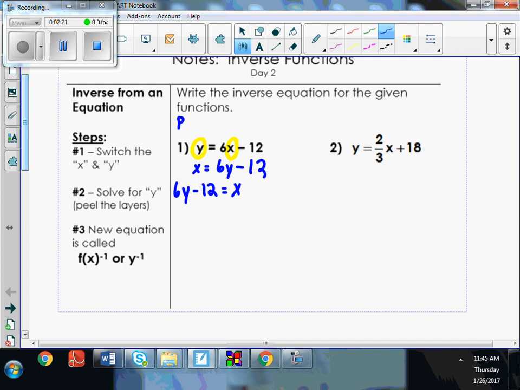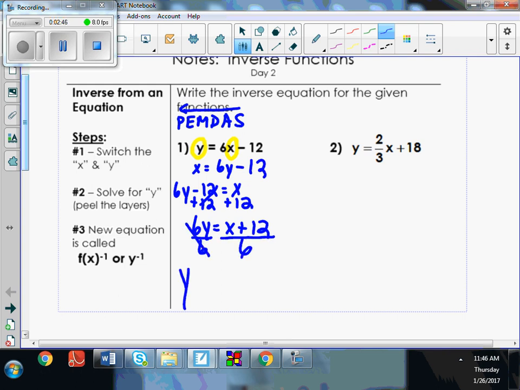So now that I've switched it, I need to isolate the y. I'm solving in terms of y, so I have to follow PEMDAS backwards. So what would you do first? Add 12. Good. Now what would you do? So the inverse of y is x plus 12 over 6.